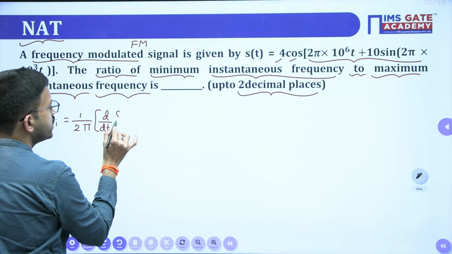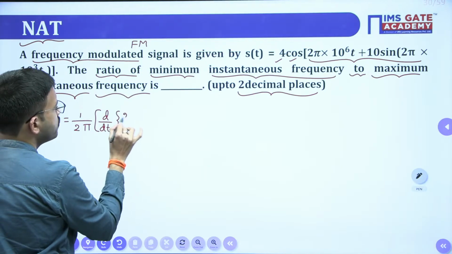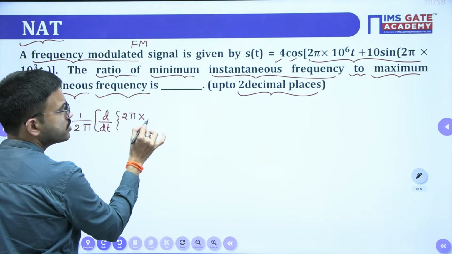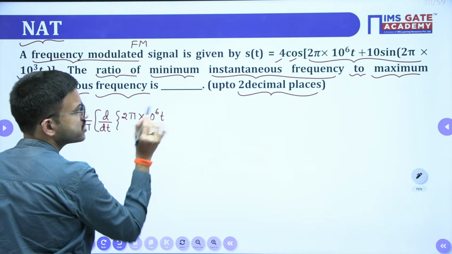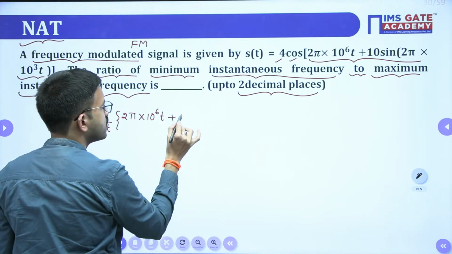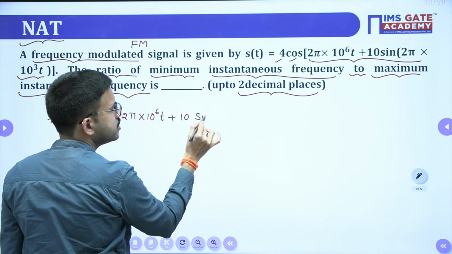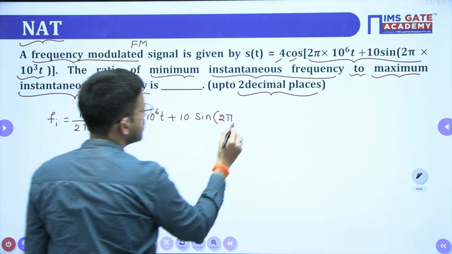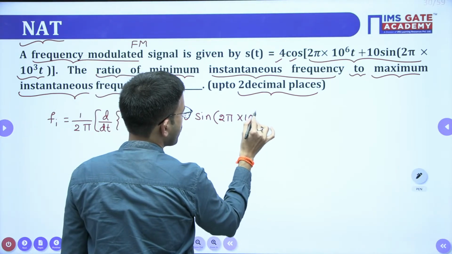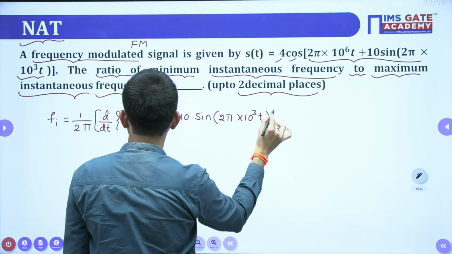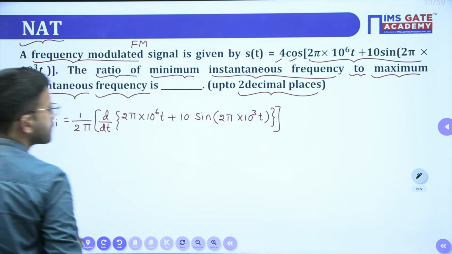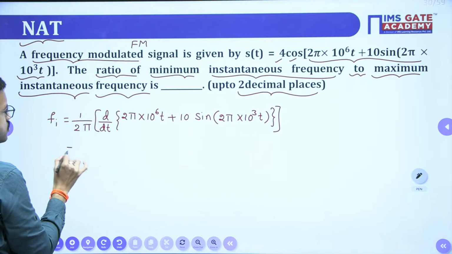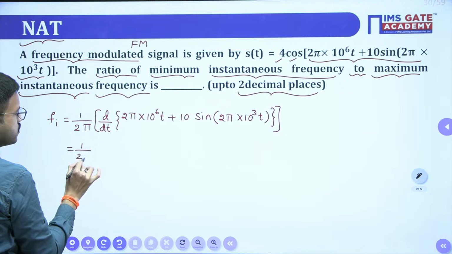So d by dt of 2 pi into 10 power 6 t plus 10 sin of 2 pi into 10 power 3 t. Now, 1 by 2 pi I am writing outside as it is.